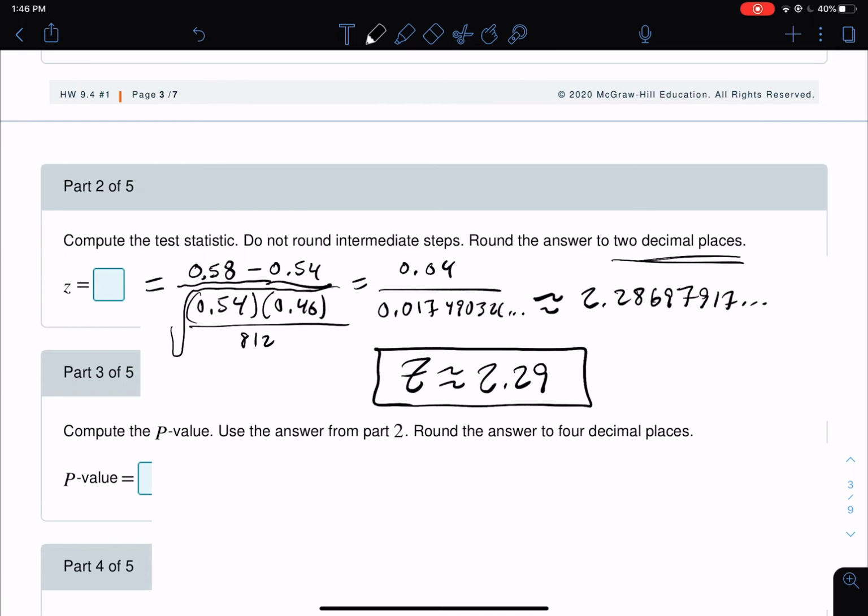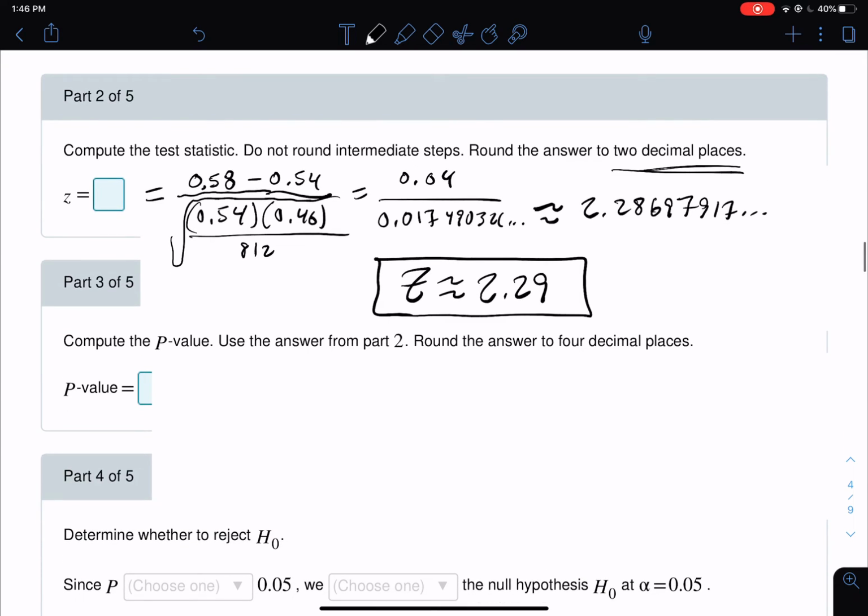Now, the next step is to find the p-value. Remember, p is for probability, and probability is just the area under the curve. Basically, we take this z-score, look it up on the z-table, and figure out the area under the curve, because that will be the p-value.